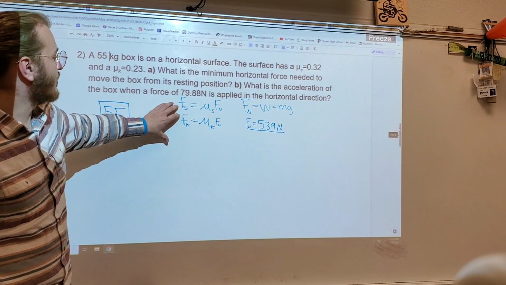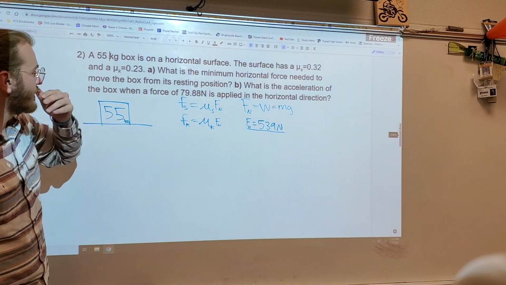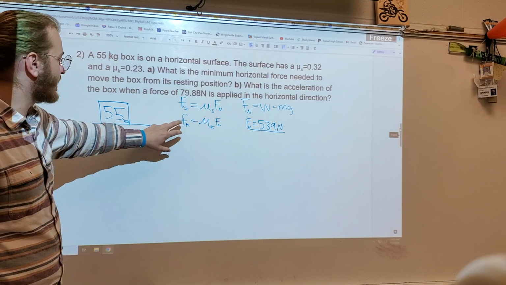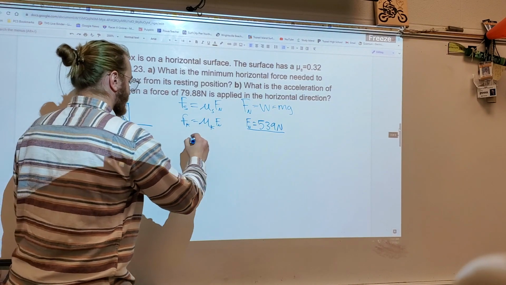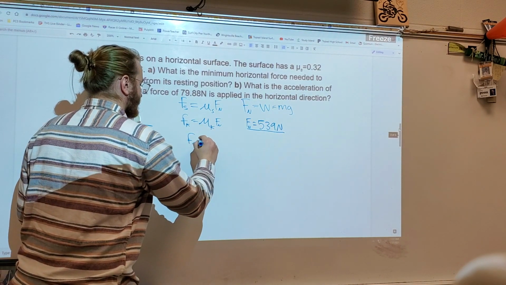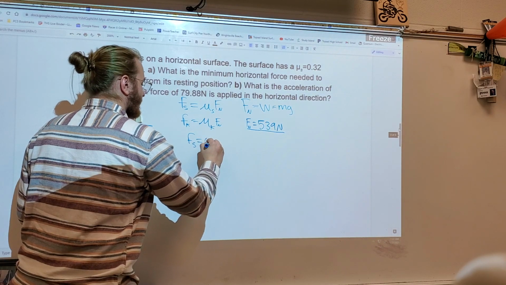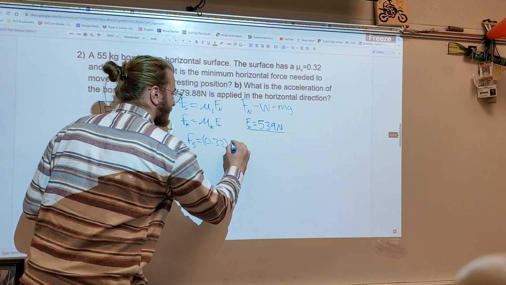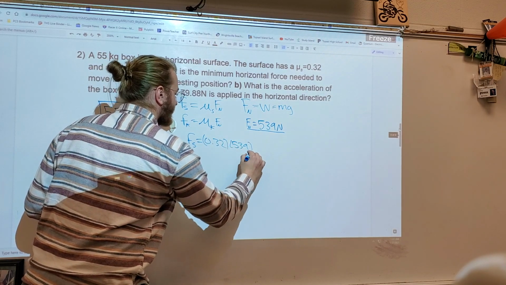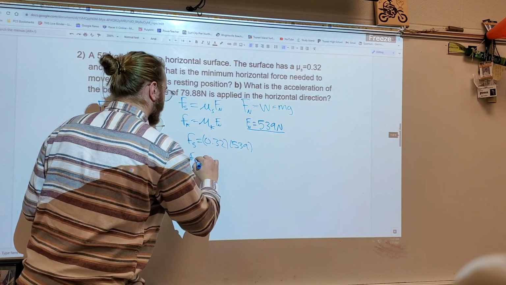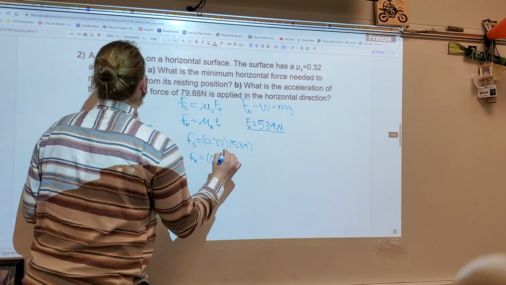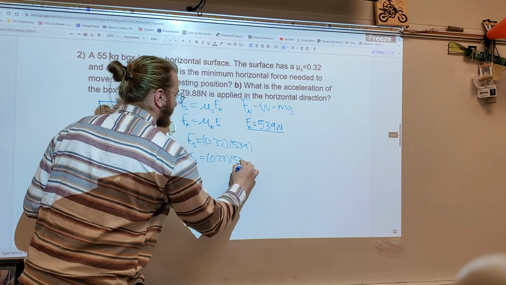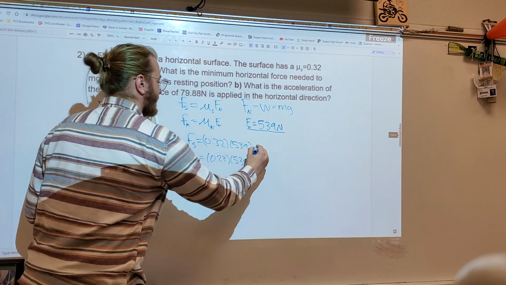Let's go ahead and solve for these two separate values right here. Our static friction force and our kinetic friction force. Fs is 0.32 times our Fn, which is 539, and our Fk is equal to 0.23 times 539.